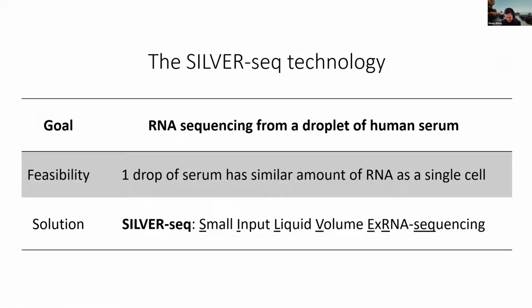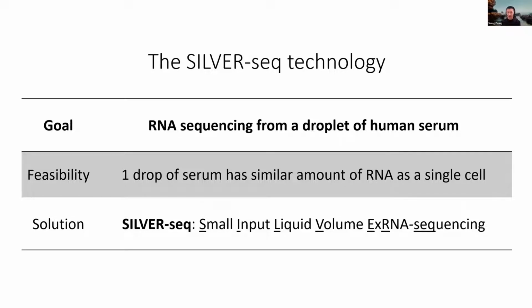So we wanted to try, and we thought it's possible, and not completely impossible, because we knew at that time the concentration of extracellular RNA is 1,000-fold smaller than the cellular RNA.